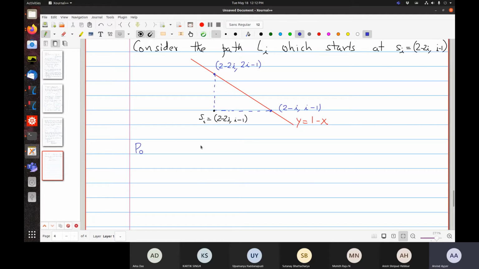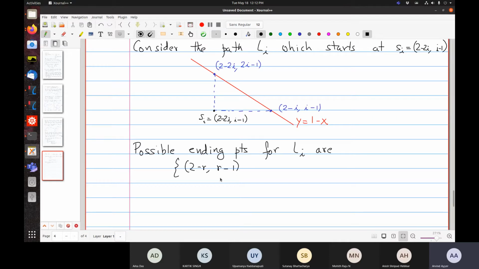Possible ending points for Li are in the set (2 minus r, r minus 1).